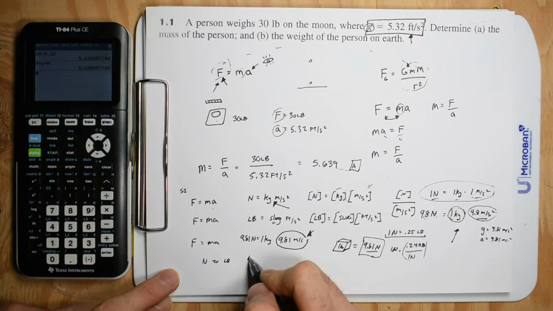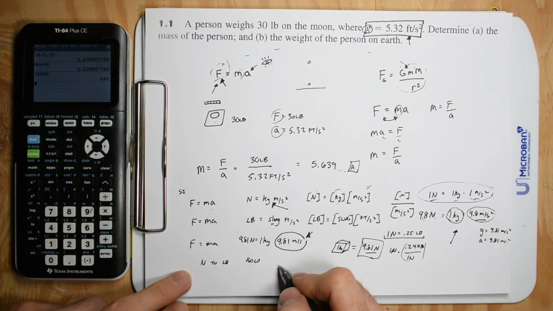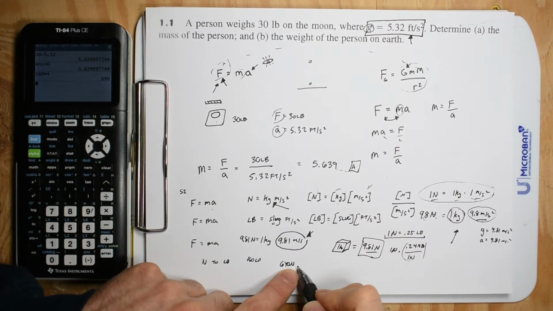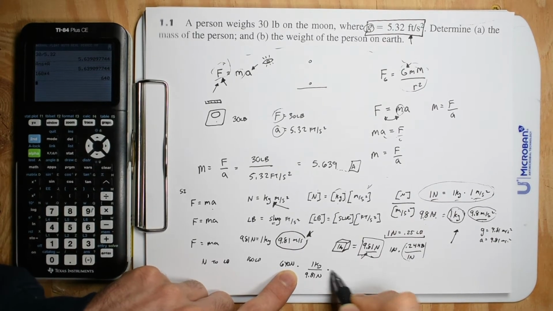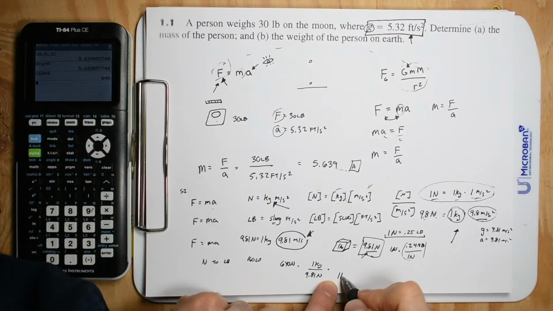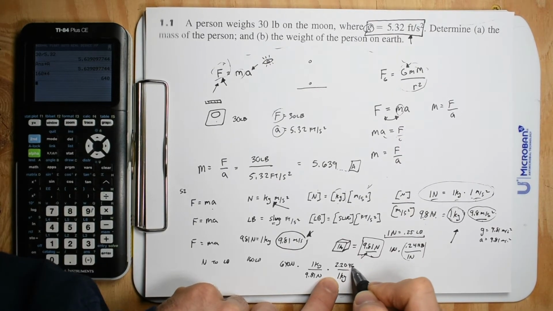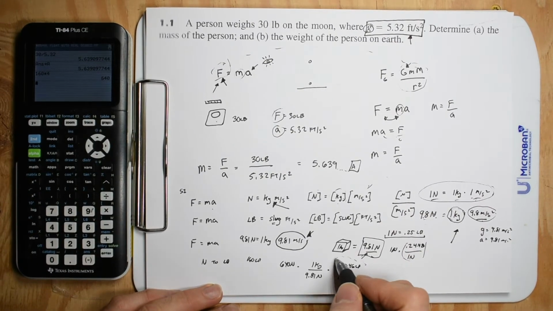I weigh 160 pounds, times 4, so let's say I weigh 640 newtons. How do we convert this? Well, you know from here that 9.81 newtons is 1 kilogram. And then 1 kilogram is equal to 2.2046 pounds.